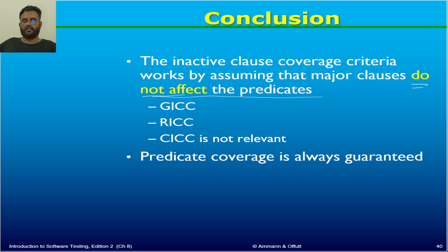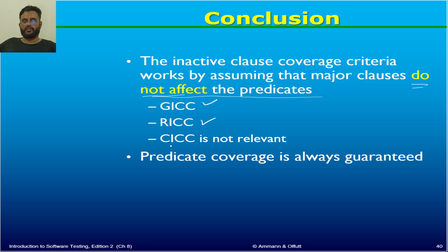We also considered two other criteria: general inactive clause coverage, which allowed the minor clause values to be different or the same. However, there was a strict restriction in restricted inactive clause coverage, that minor clause values are not allowed to be different.